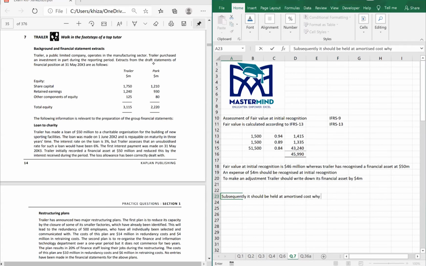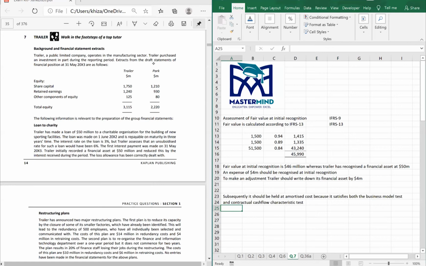Why should it be held at amortized cost? Because it satisfies both the business model test and the contractual cash flow characteristic test. Now there are two types of students. One type will explain the business model test and the contractual cash flow characteristic test, and some students will just stop at that.